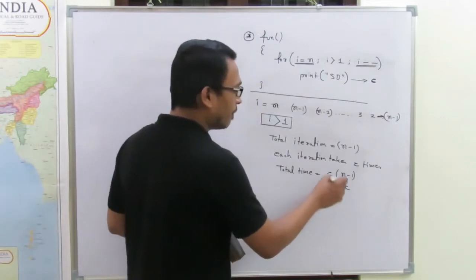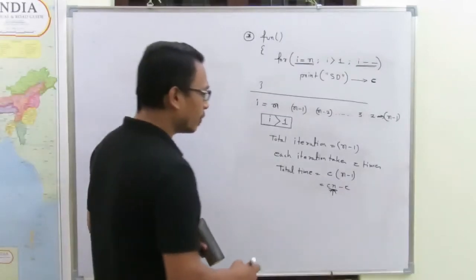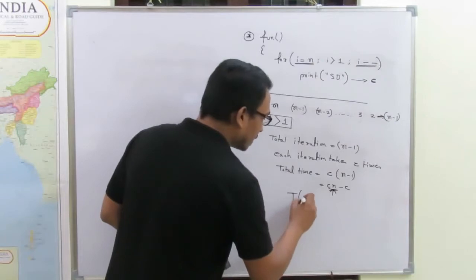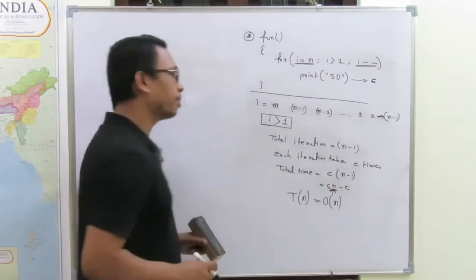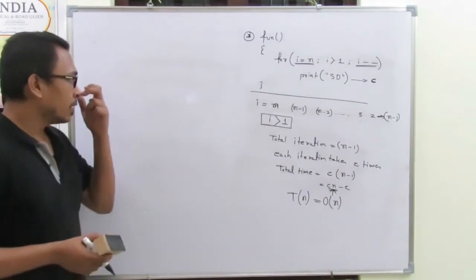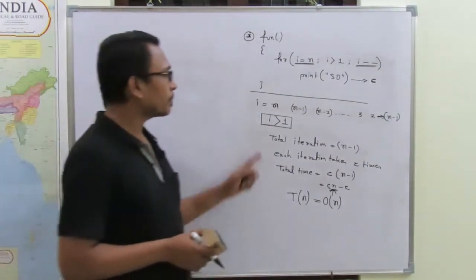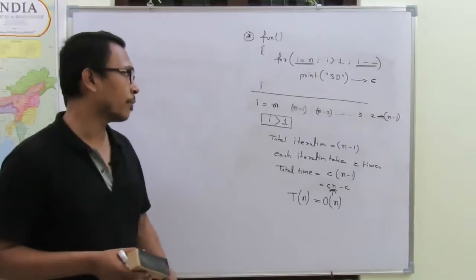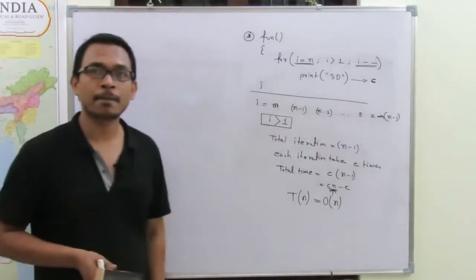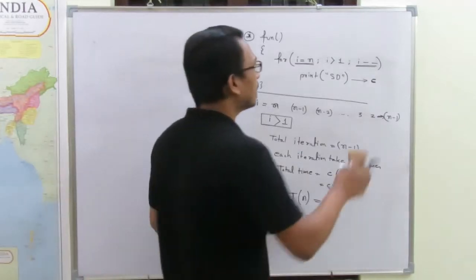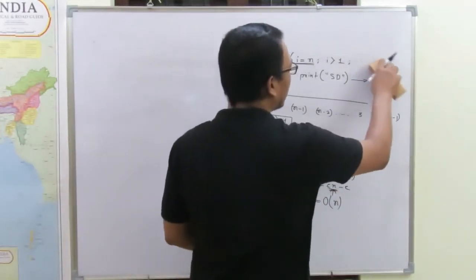This term only. So what will be the time complexity? The time complexity will be order of n only. Clear? So this is how we can find the time complexity, by finding the number of iterations only. Clear? Next, change the question a little bit.